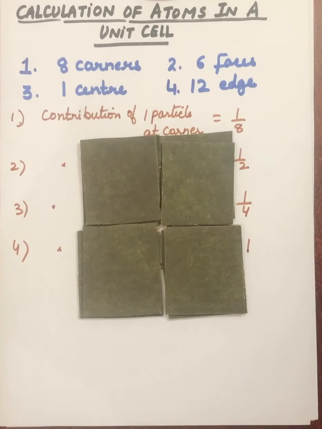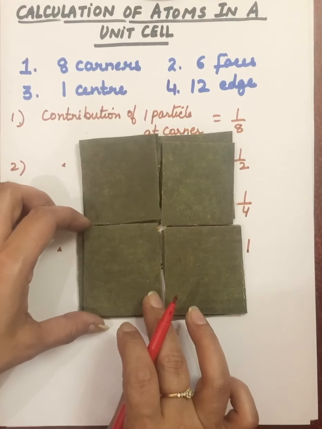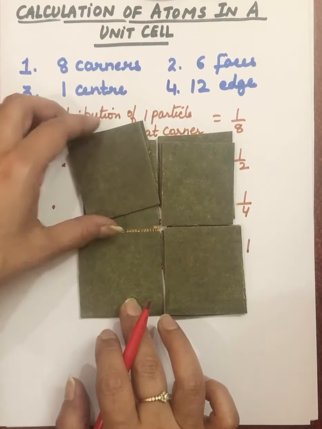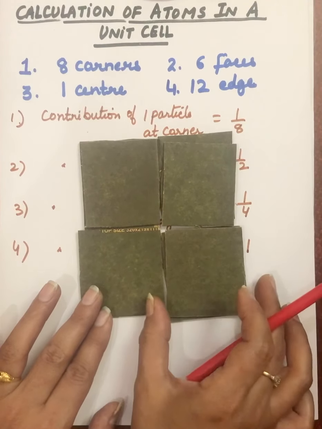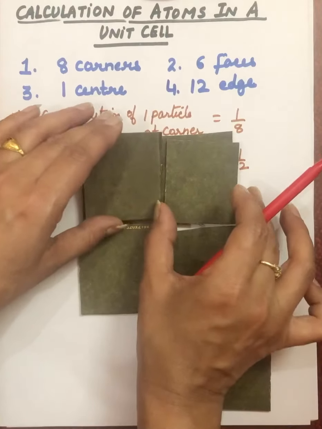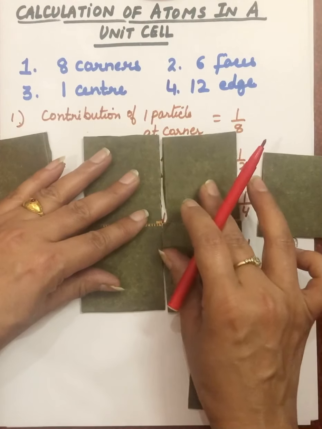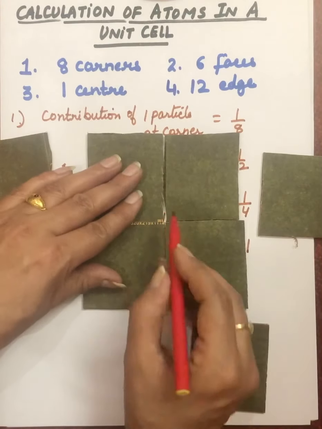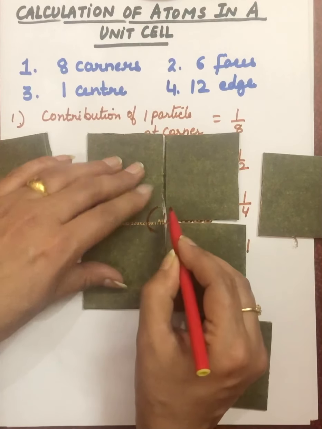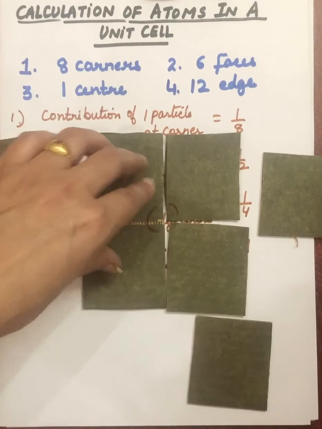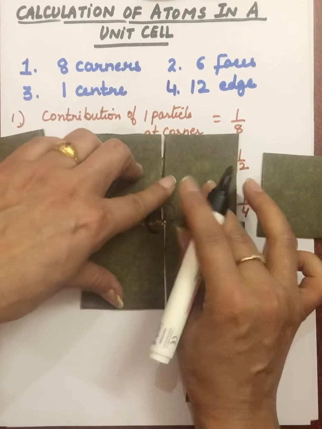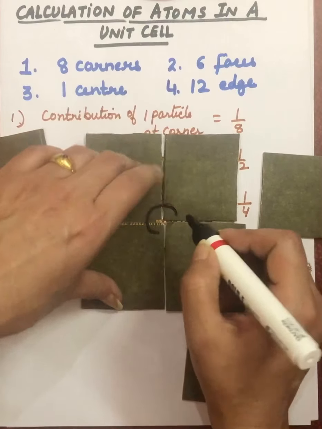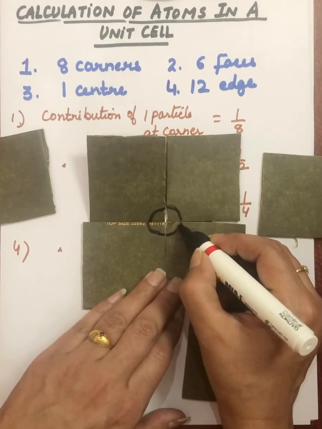Now I'm taking one particle which is at the corner of a unit cell. I'm choosing this unit cell, and I'm taking this corner of this unit cell. If we place one particle here and remove this and show it to you, the particle is like a sphere. So if one particle comes here, that particle will be like this.